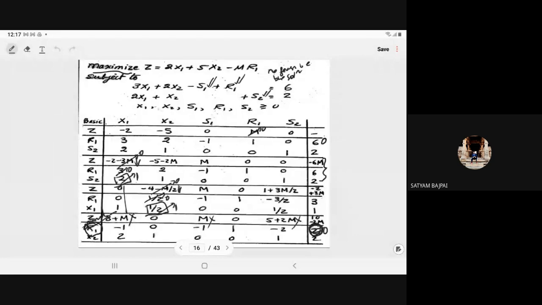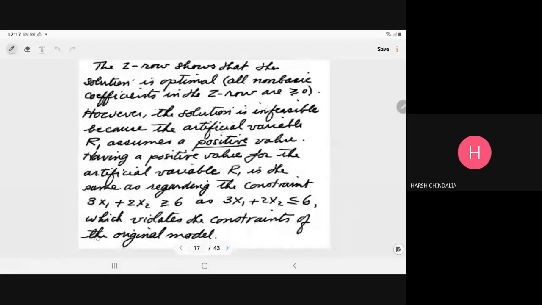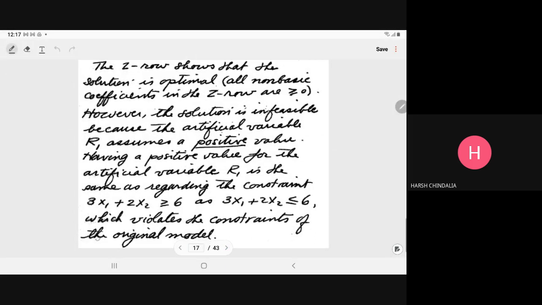According to you, what can be the large M? Sir, comparative to 2 and 5, which are the coefficients of x1 and x2 respectively. So M can take, suppose, 10 to the power 2, 3, and so on. Means you have to look at the question, then you can assign. Arbitrarily, in all questions it cannot work.